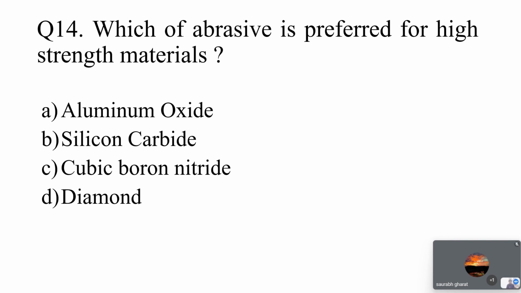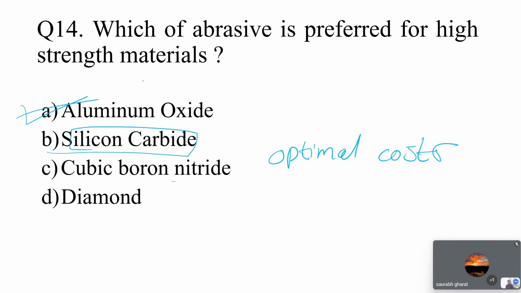Just 5 rupees. So you have to be optimal, optimal cost. So what will be the answer here? Aluminum oxide, because yes, we are using high strength material. If it is like high alloy, carbon, glass or ceramics, it will be silicon carbide. But what we have here is just high strength material. So this is your answer.